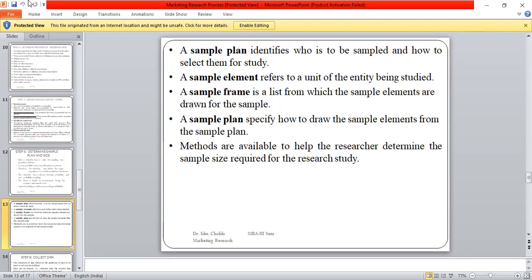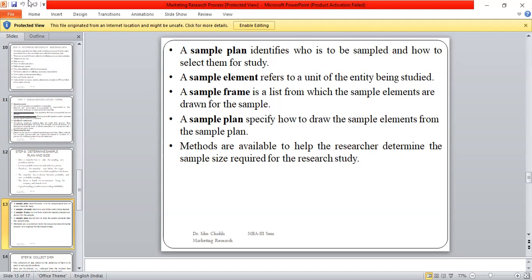A sample plan specifies how to draw the sample elements from the sample frame. Now my next question is, I have thought I want to study 1,000 members here. How to see 1,000 persons now? For this purpose, I want to study some statistical techniques of sampling. I can follow the technique of snowball sampling.